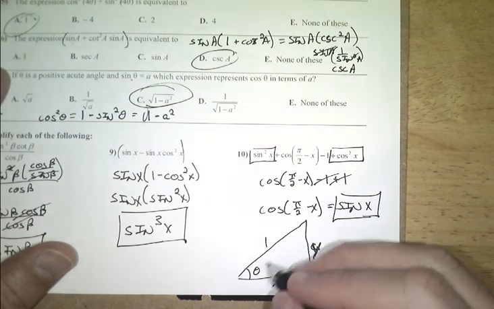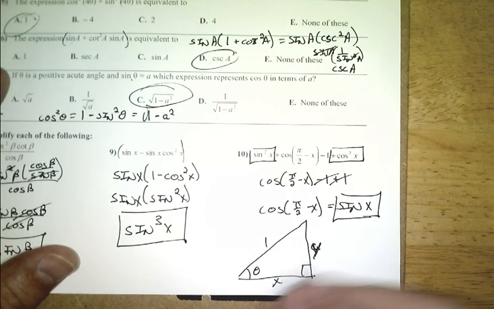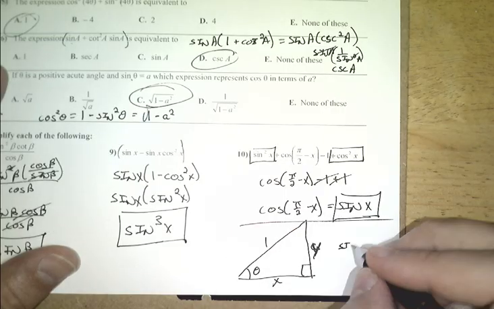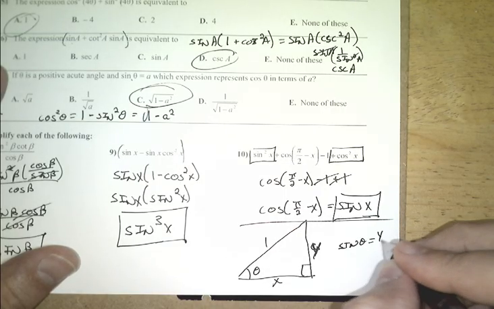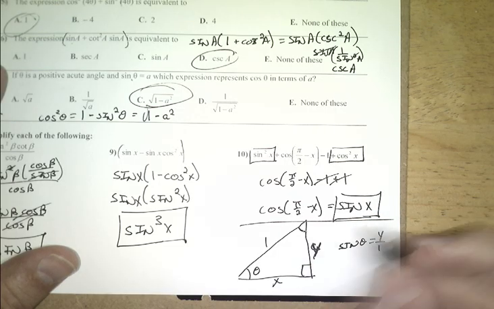Okay, so sine of theta is y over 1. So here, this is separate. Sine of theta is y over 1, or just y. But I can look at this other angle right here.